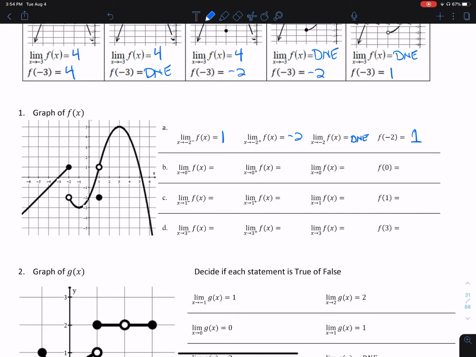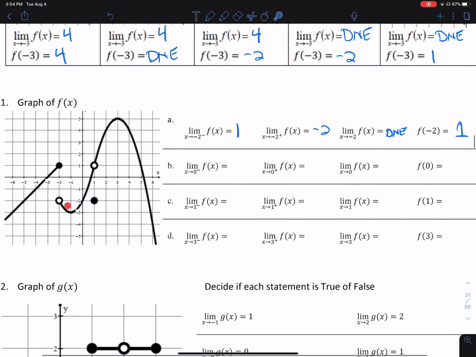Next, we're going to approach 0 from the left, the right, from both sides. If we approach 0 from the left, what's y getting closer to? Getting closer to -2. If we approach 0 from the right, y is getting closer to -2. What's the two-sided limit? Well, if you approach from the left and from the right, they're both approaching the same y value of -2.